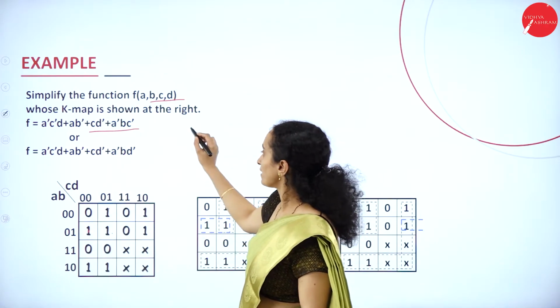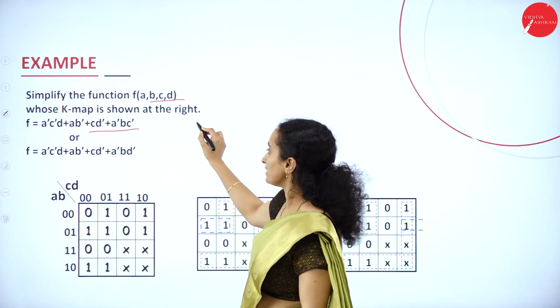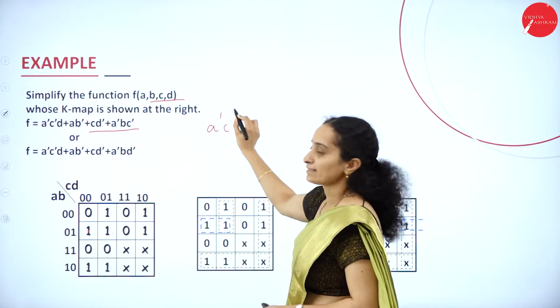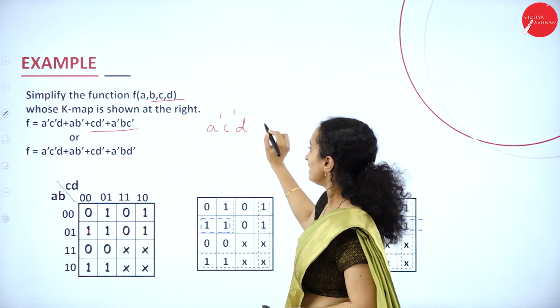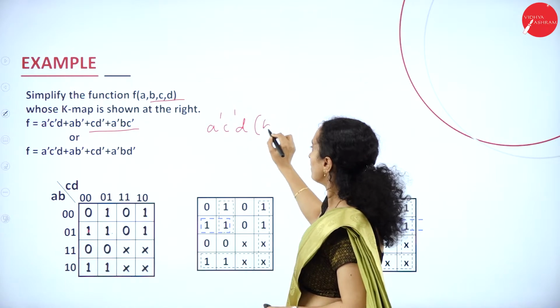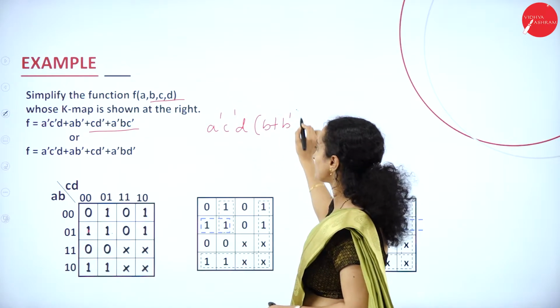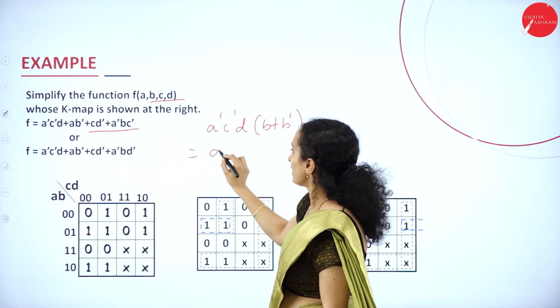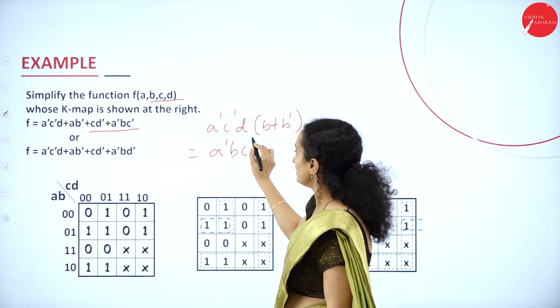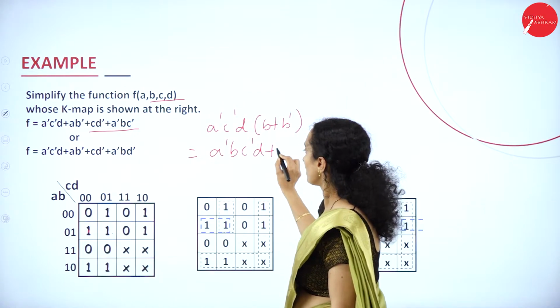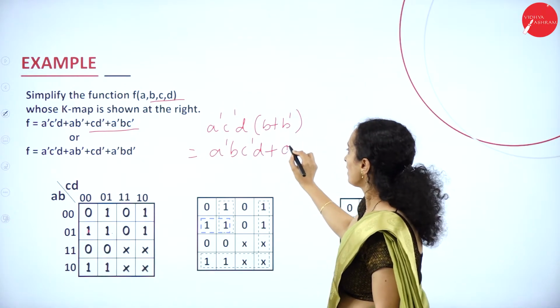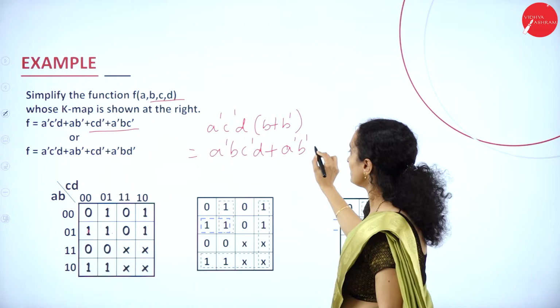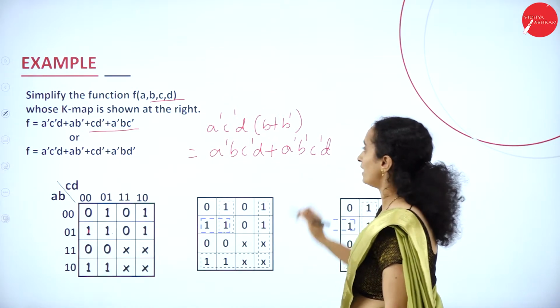Now you know about expanding, isn't it? A dash, C dash, D into B plus B dash. You can add like this, which gives the expression A dash, B, C dash, D plus A dash, B dash, C dash, D.